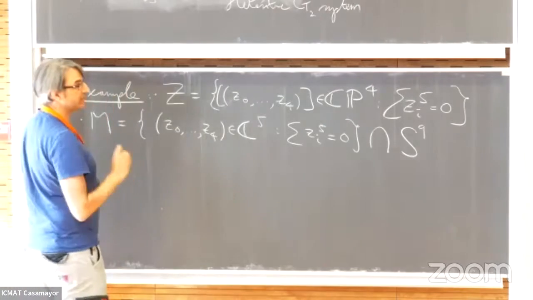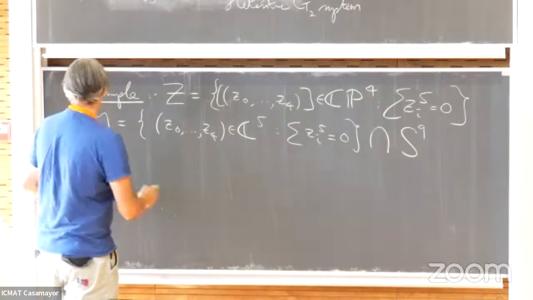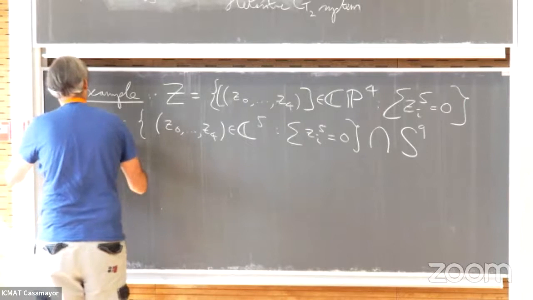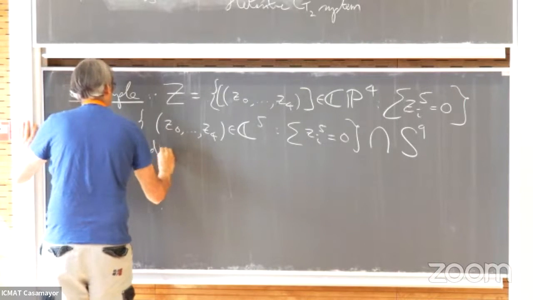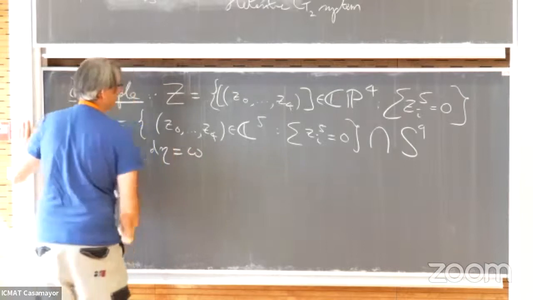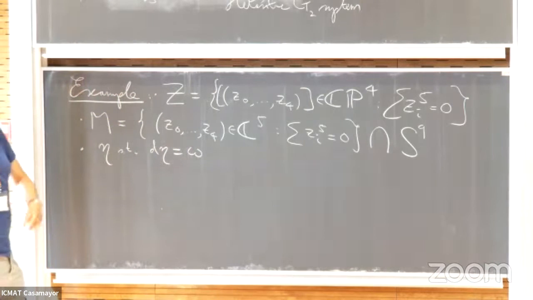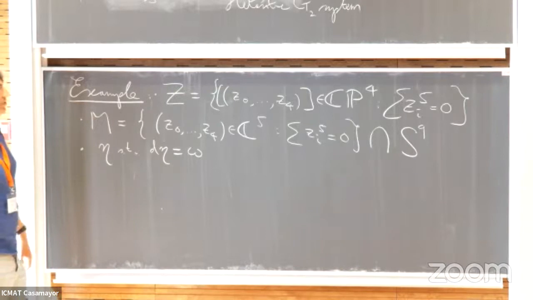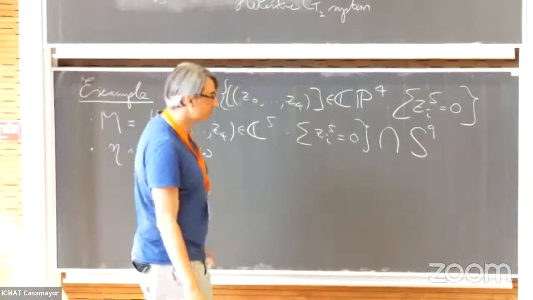And what is the good eta that I want to pick? Well, there's a connection one form eta on M such that d eta is the Kähler form, is the Calabi-Yau. So that exists, and so that's the structure that we want to emulate.